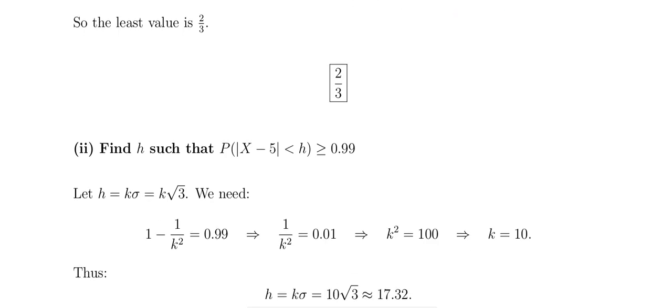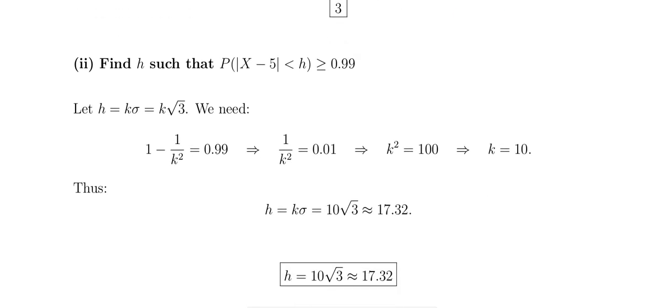Okay, so find h such that probability of mod of X minus 5 less than h is greater than or equal to 0.99.